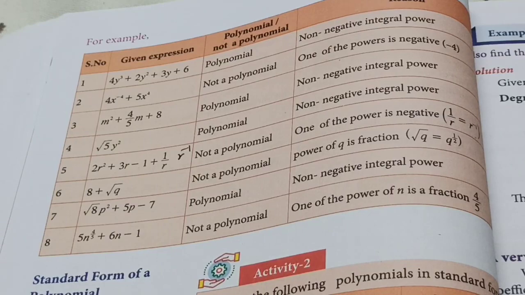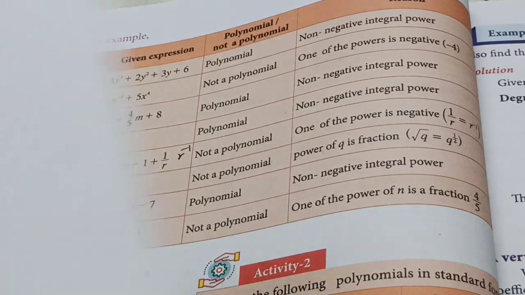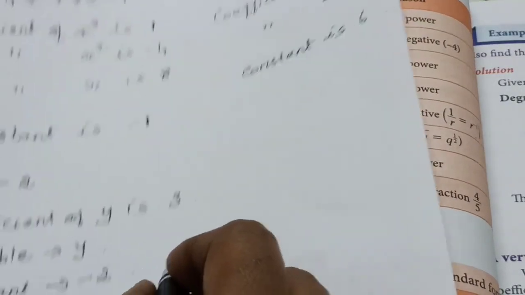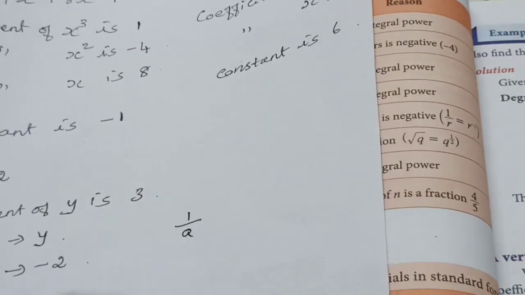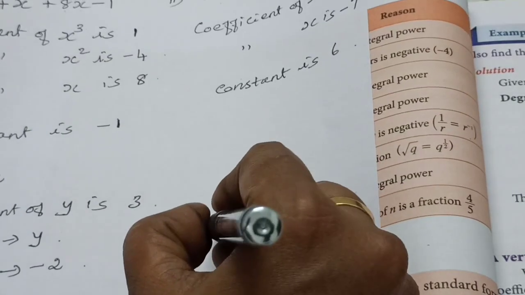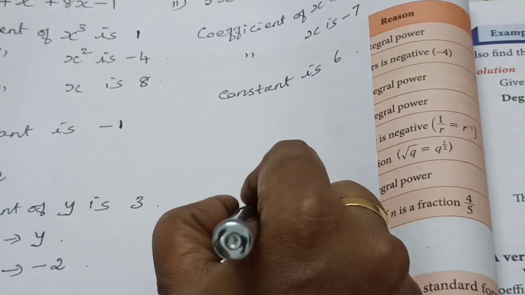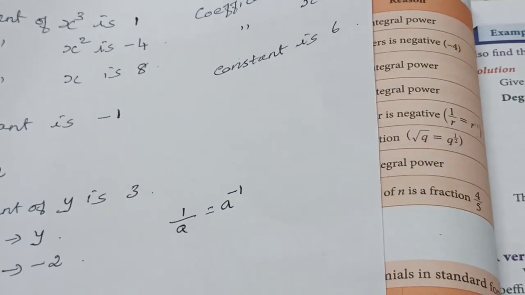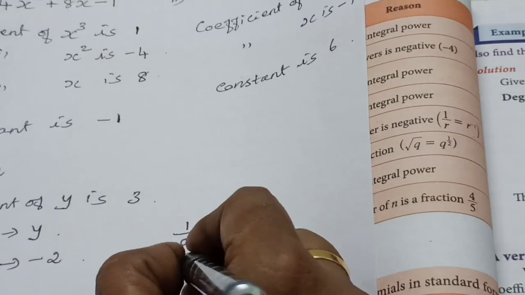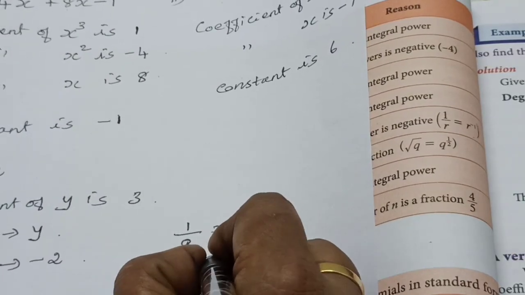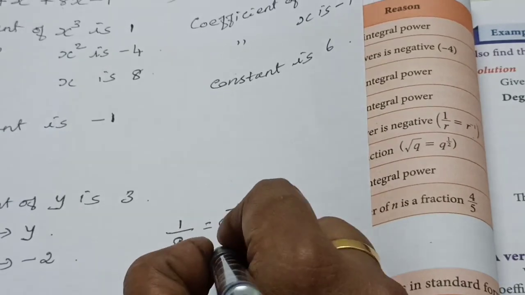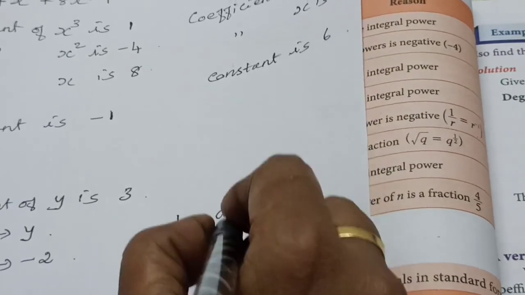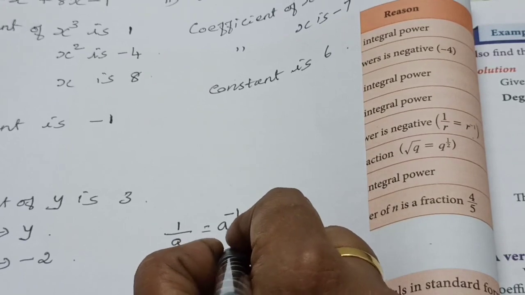Okay. Then here suppose last year also you studied maybe. 1 by a we can write as what? 1 by a is equal to what? A power minus 1. Have you understood? Then 1 by a square, then we can write as what? It will come in the numerator. That time sign it will change. Here power minus 2.